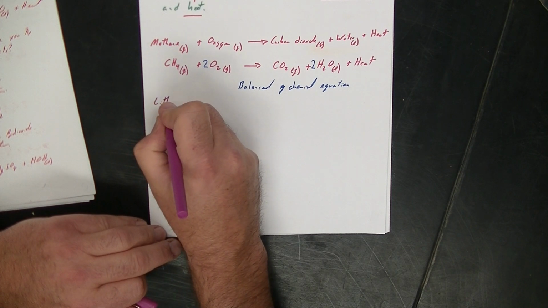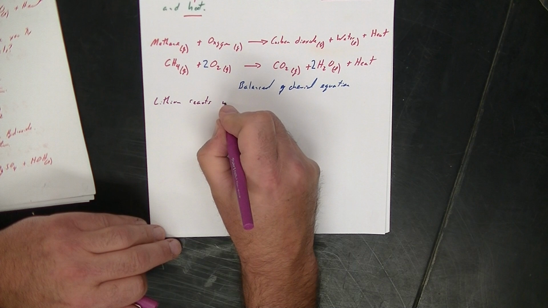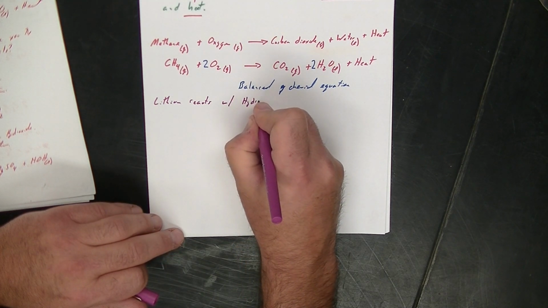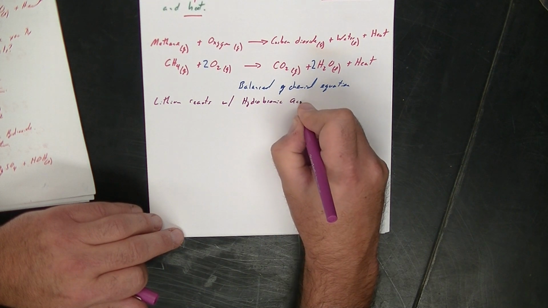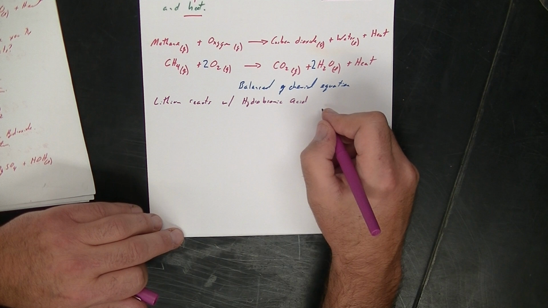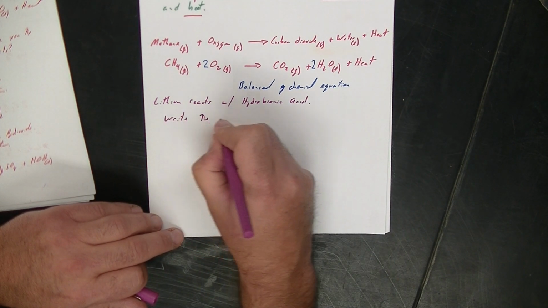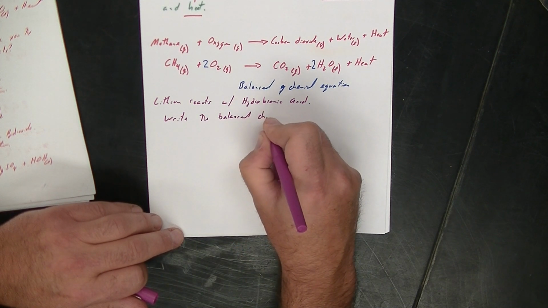Lithium reacts with hydrobromic acid. Write the balanced chemical equation.